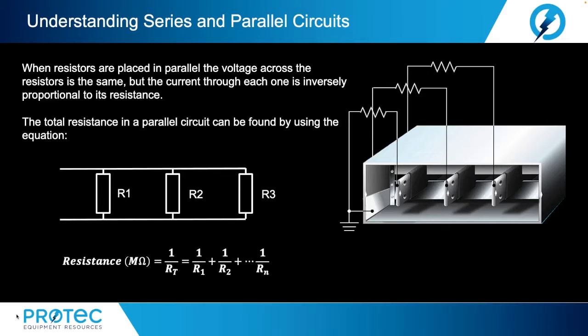The reciprocal of the total resistance would equal the reciprocal of resistance R1 plus the reciprocal of resistance R2 plus the reciprocal of resistance R3, 4, and so on.